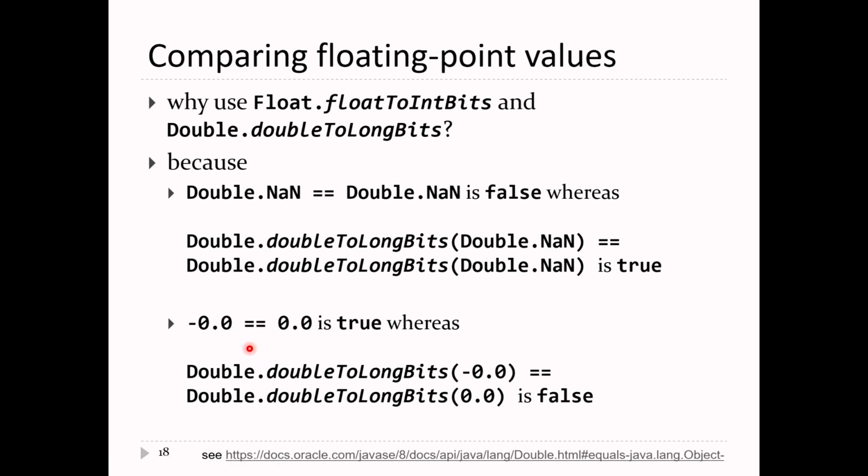The other reason you want to do this is because the IEEE standard says -0 is equal to 0. Whereas if you look at the bit pattern for -0, that's different than the bit pattern for 0. So when you compare these two values, you get back false. Now, admittedly, this might not be what you want.